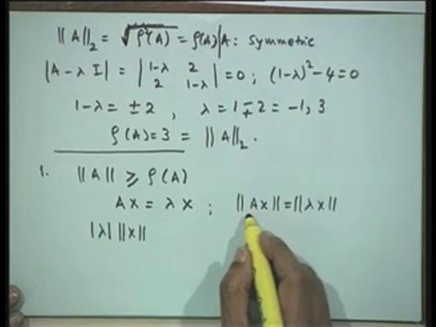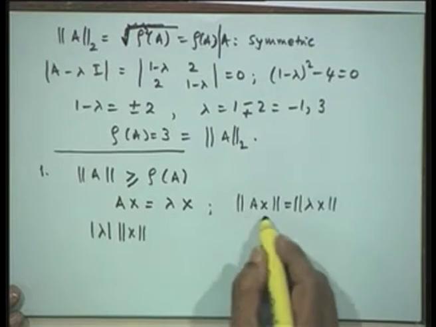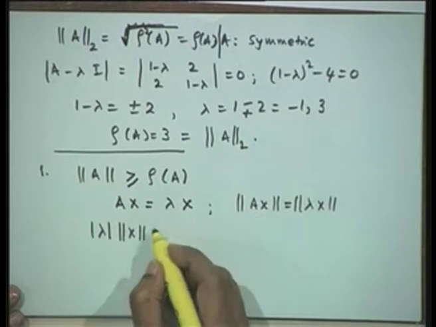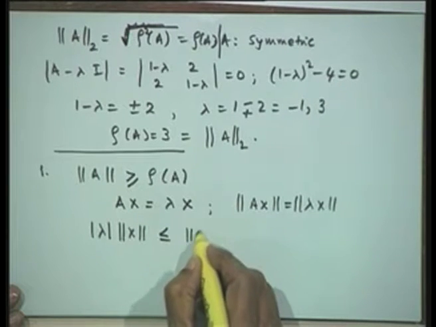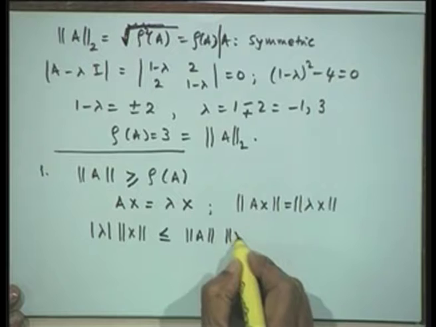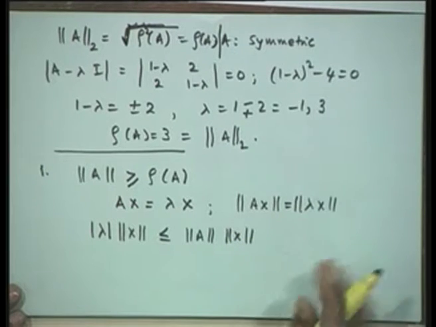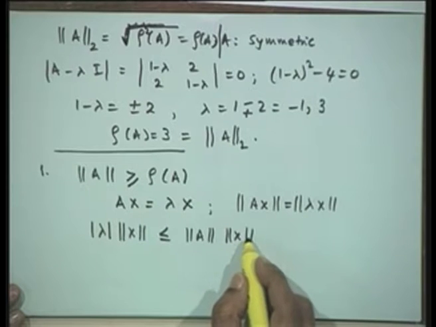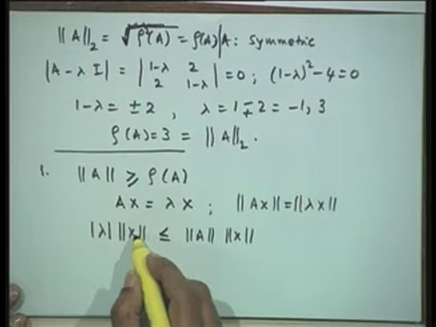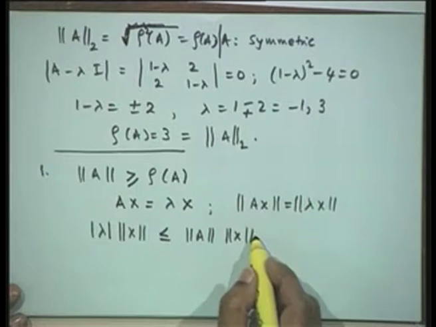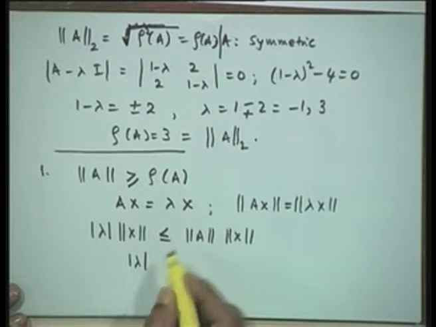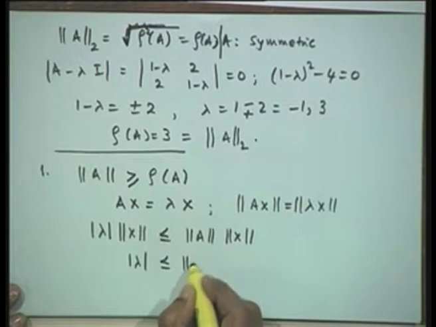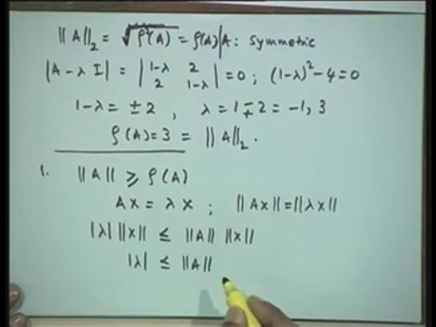The norm of a product, norm of A into x, is less than or equal to norm of A into norm of x. Norm of a matrix or a vector is a non-negative quantity, therefore, norm of x can be cancelled on both sides. Therefore, we have magnitude of lambda is less than or equal to norm of A.